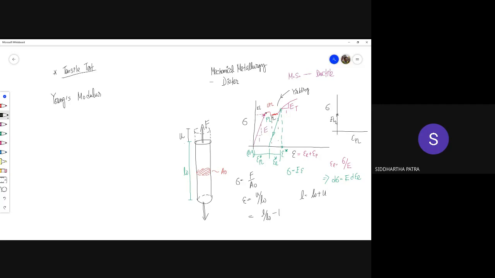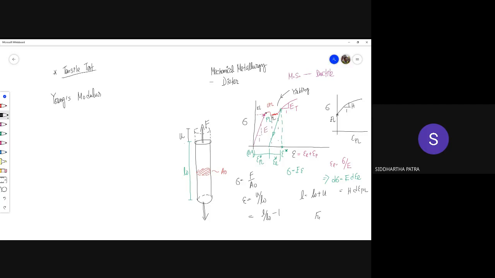Beyond the elastic limit is when the plastic strain starts developing. If I draw the curve more or less like this, the slope of that curve is h. So I can say d sigma is also h times d epsilon pl.